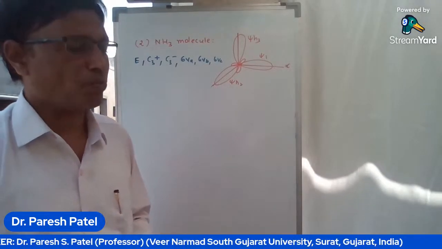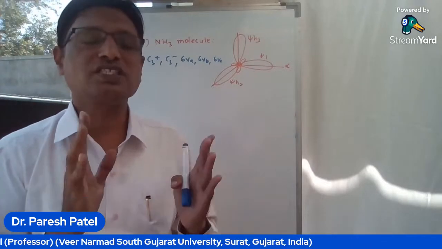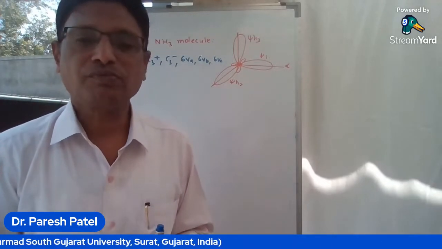So how to find out the contribution of hybrid orbitals? First of all, find out the symmetry elements present in the molecule.